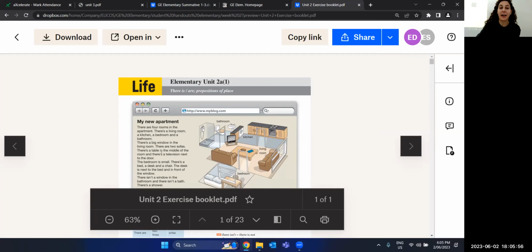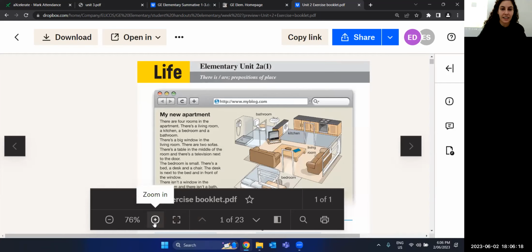So my new apartment, you have to read all. Or do you want me to read and then you can repeat after me to practice some? Yeah, so I can read.